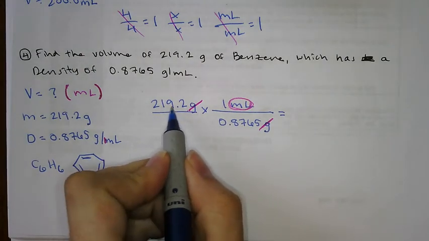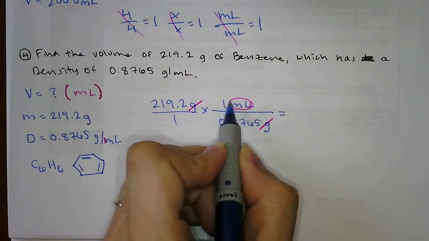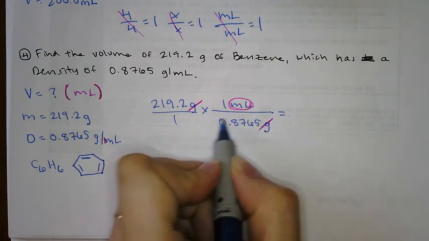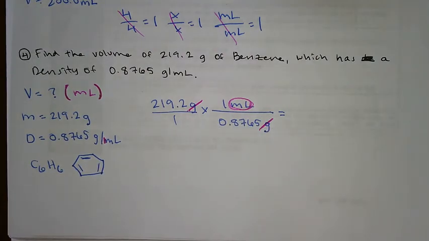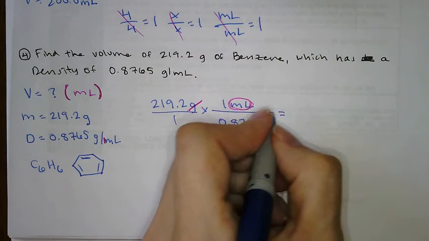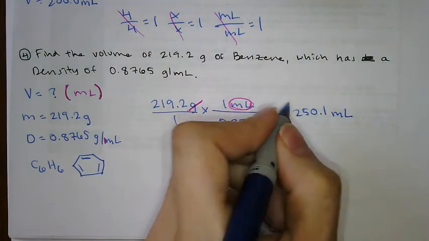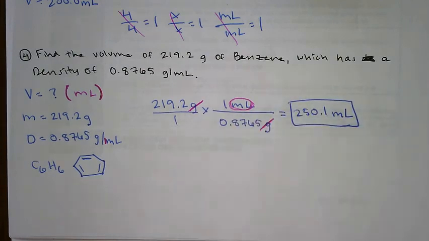If you really want to, 219.2 divided by 1 times 1, even though that won't make a difference, but then importantly, divide by 0.8765 grams. All right, this time I get to keep 4 significant figures, and that would end up being 250.1 milliliters. And that would be your final answer.